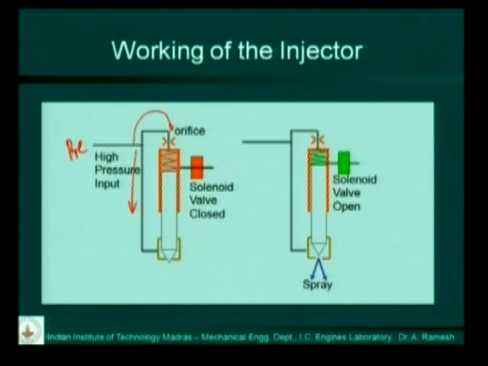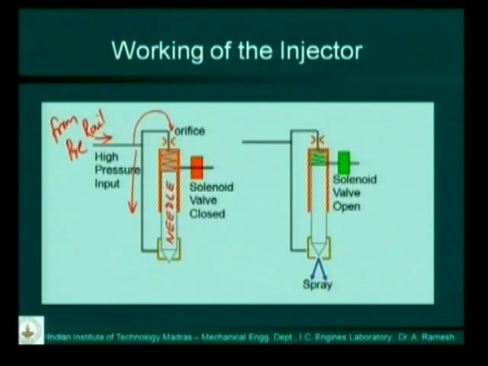downward. So in the common rail injector, the high pressure fuel comes from the rail here. From the rail, the fuel comes here and it is supplied to the bottom of the injector. This is the needle of the injector. The high pressure fuel is supplied to the bottom of the injector needle and also to the top of the needle.